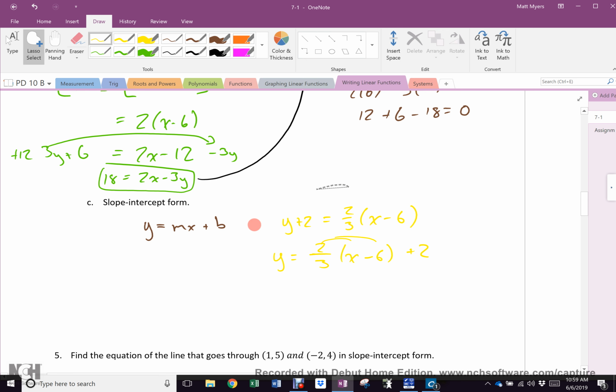Most of you will take the point slope form and try to move it to here. Do you have to? No, of course not, because don't we know that this is 2x minus 3y equals 18? So couldn't we just isolate the y here? Because isn't this the same as that?